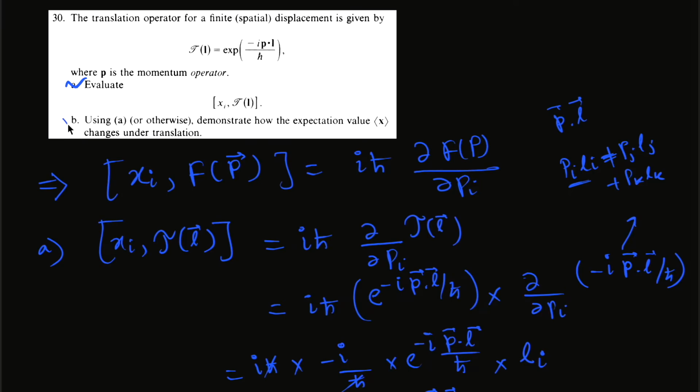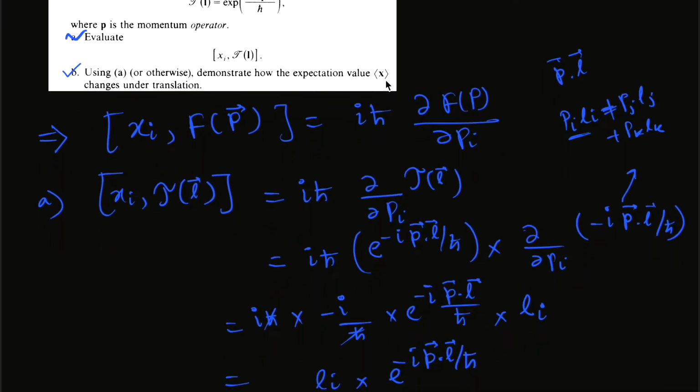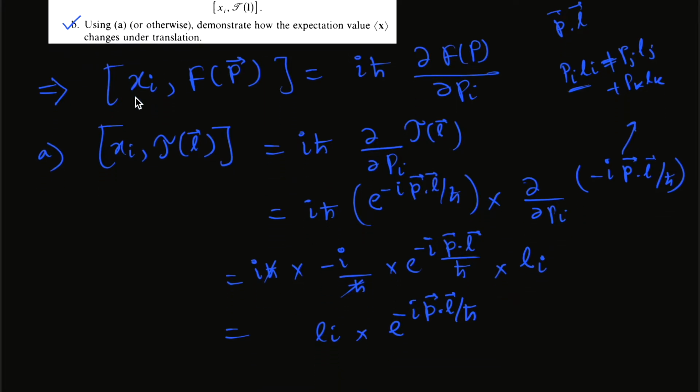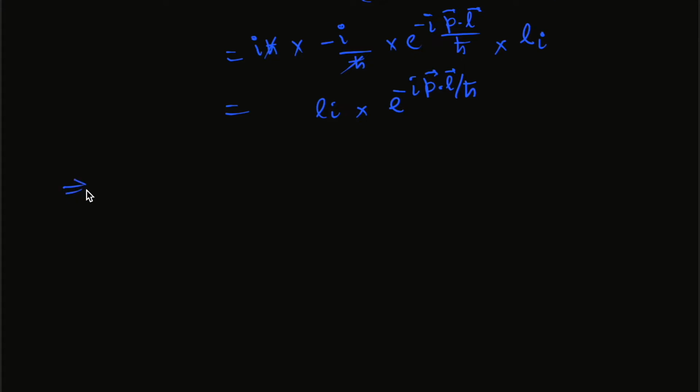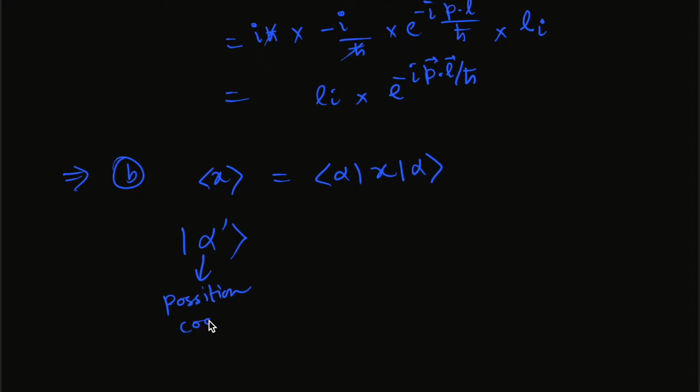Now let us see part B of question 30. Here it is asked: demonstrate how the expectation value of x changes under the translation. So in general, the expectation value of x will be ⟨α|x|α⟩. Now the position coordinate of the state changes by this translation operator.